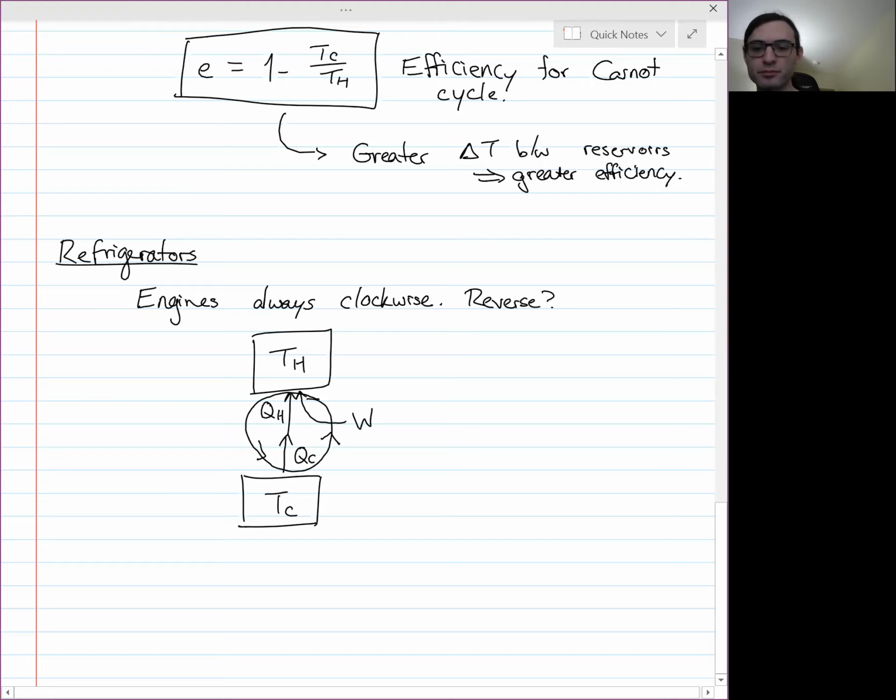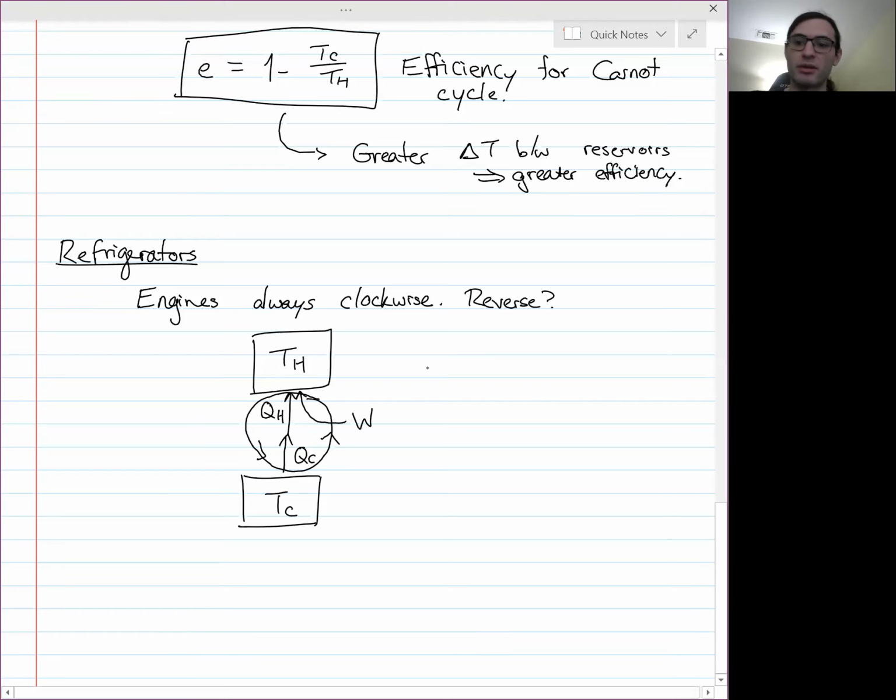So here, you take some heat from your cold reservoir, do some work, and that work allows you to shove that heat, that QC, into the hot reservoir. And so this is what a refrigerator does, right? It takes some input energy in the form of electricity, which is then converted into work, and it uses that work to remove heat from a place that's cold, the inside of your refrigerator, and put that heat outside into the environment.